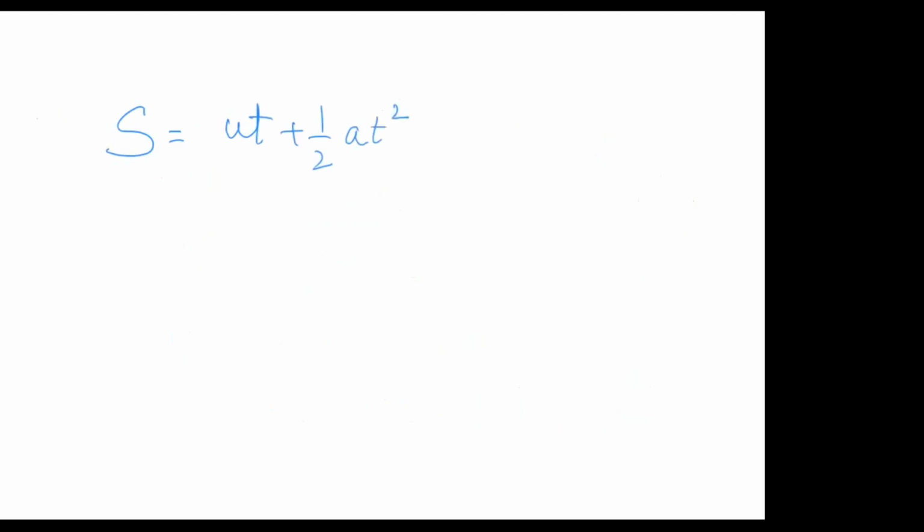Here you can see that S is your displacement, U is the initial velocity, T is the time, half is a number, A is acceleration, and T is again time. So according to principle of homogeneity, the dimension of S should be equal to the dimension of UT, and again it should be equal to the dimension of AT square. Now let us find out whether it's true or not.